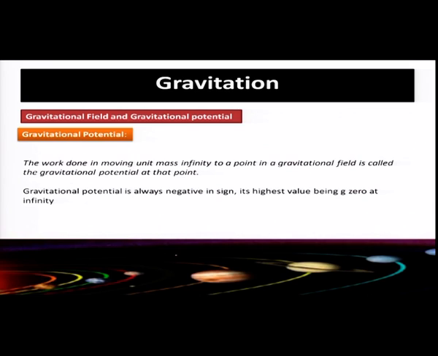And what do you mean by gravitation potential? The work done in moving a unit mass from infinity to a point in a gravitation field is called the gravitational potential at that point. By the definition, you transfer a unit mass from some point to the other point, and for that you should do some work.